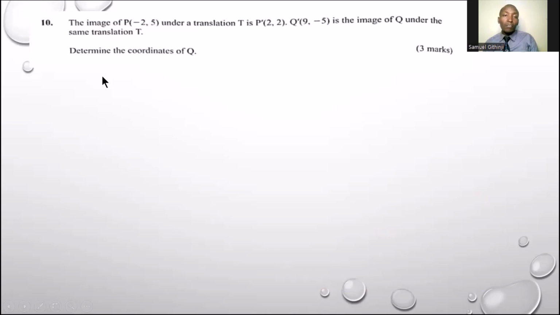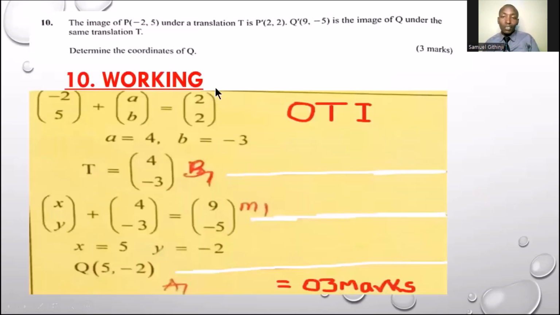Yes, in one of the previous examples I did for you, my student, I told you about OT. OT. Object, you add the translation factor, you get the image. OT. If you are a Kenyan, I know you must be knowing of one OT somewhere. Now, how do I go about that? I'm given the point, I write it in column form.